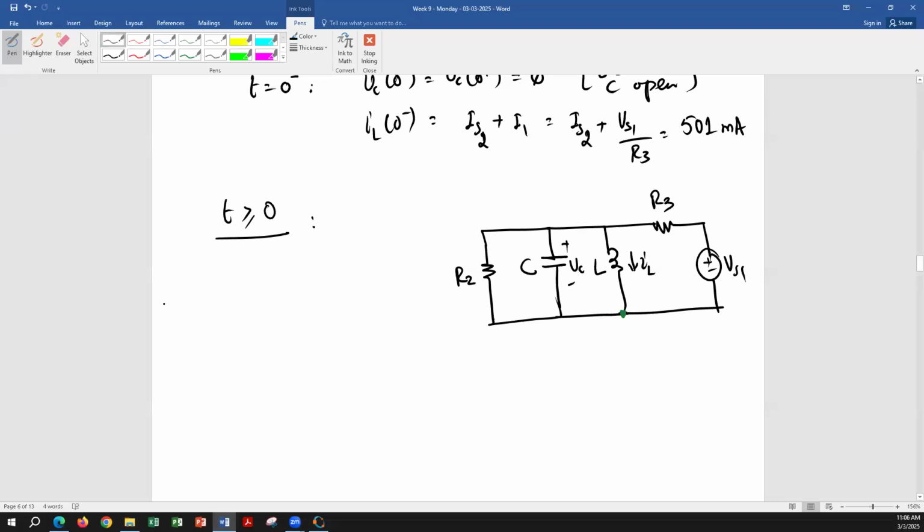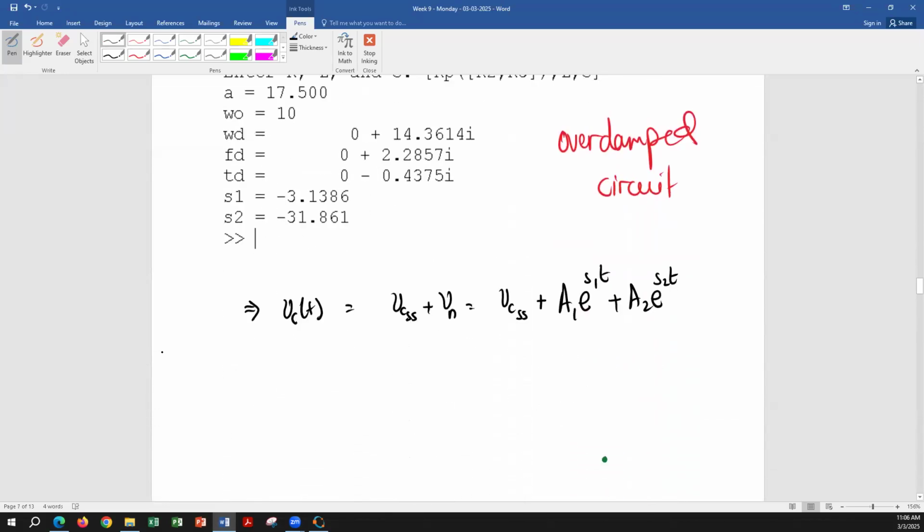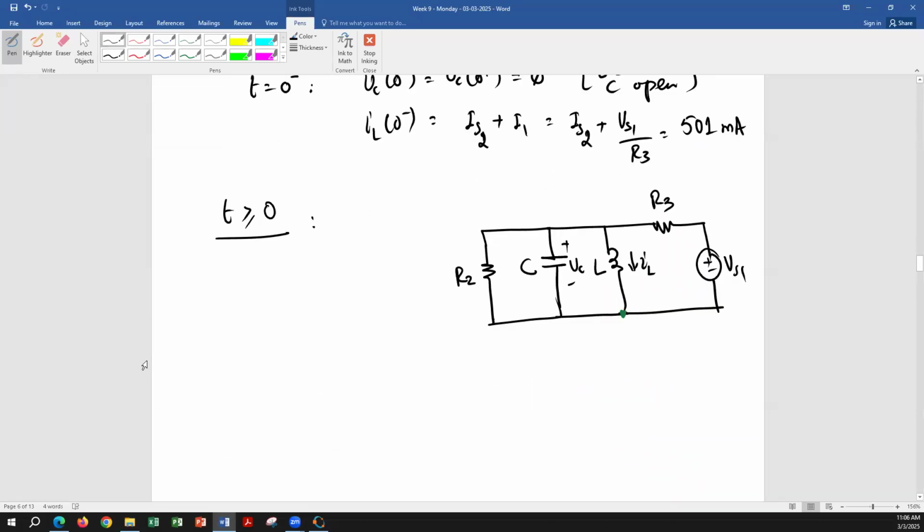So we were discussing the steady state value of the capacitor voltage. Who is going to tell me what will be the steady state value of the capacitor voltage? Chris, you know that. The steady state value of the capacitor voltage is not the voltage across R2.